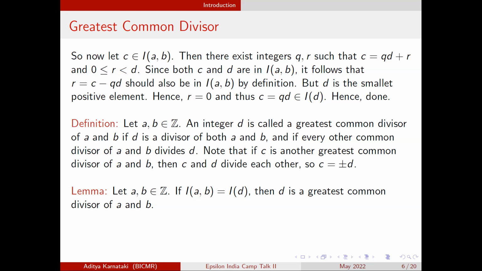The reason is that in this formulation of I of D, for instance, you're taking all multiples of D, but then D could just be minus D, and you will get the same set. So as long as we are talking about the sets here, we don't have to make the choice of D. You see what I mean?